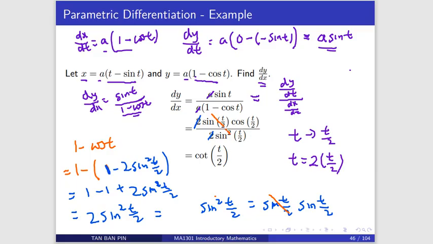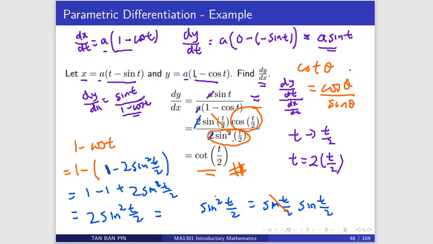What you're left with is cosine t/2 over sine t/2. You recall the definition: cotangent theta is cosine theta over sine theta. So cosine t/2 divided by sine t/2 gives you cotangent t/2. With that you get the simplest answer, cotangent t/2.